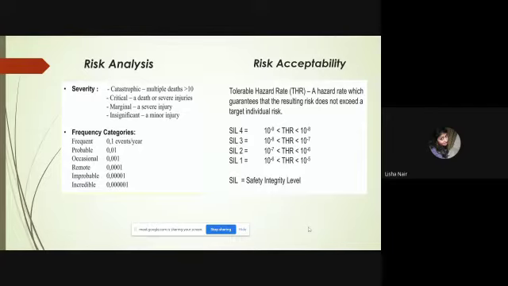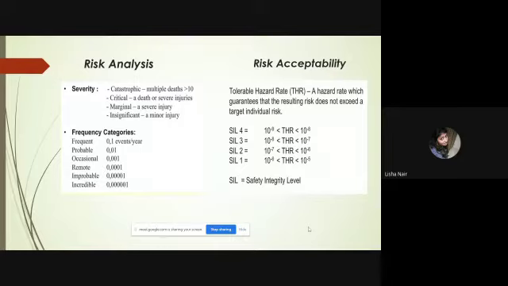When it's most severe, you define a limit, and that limit is considered your severity tolerance. If that requirement or that system fails within that limit, it is considered SIL 4.